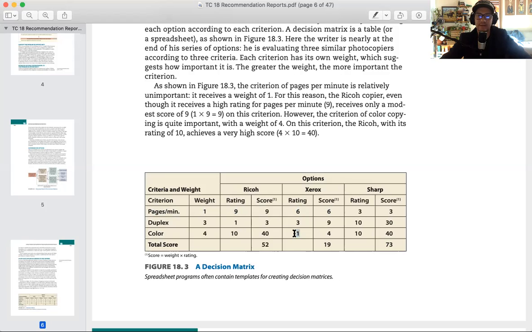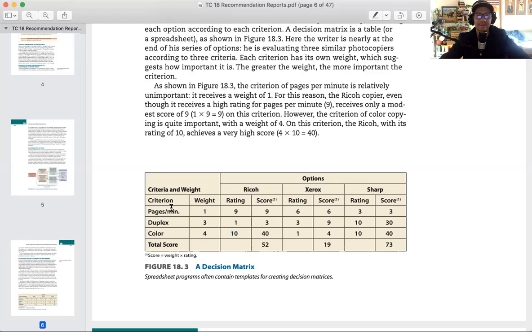Right here, it got a 1, which is pretty low, but it actually counts for 4. But because this one got a 10, it counts for a lot, right? And so something could get a high score easily by having higher ratings where it's weighted more, okay? I don't need to explain that in more detail. You guys obviously know math, right?